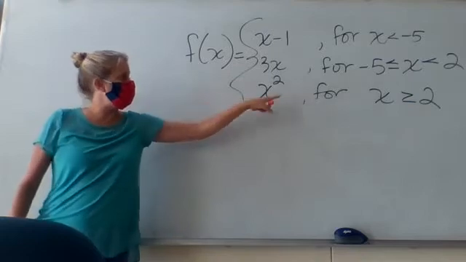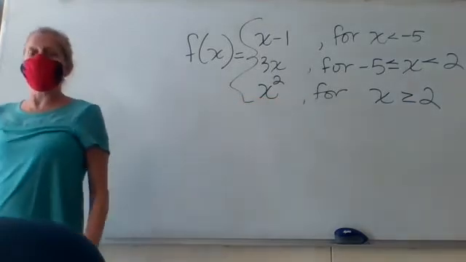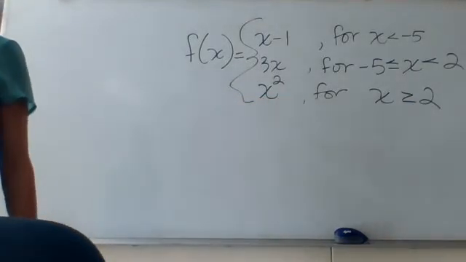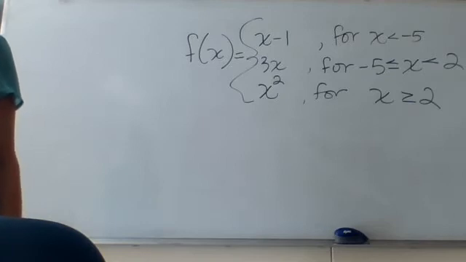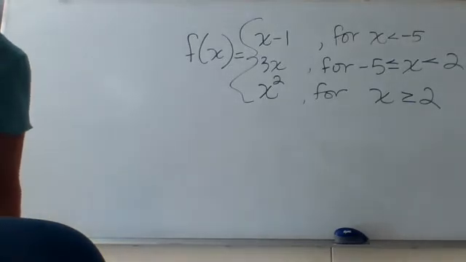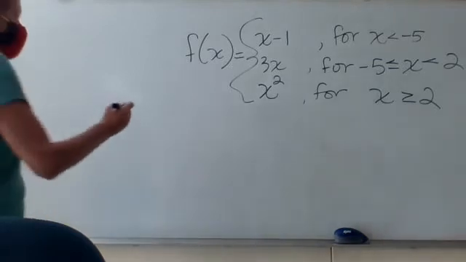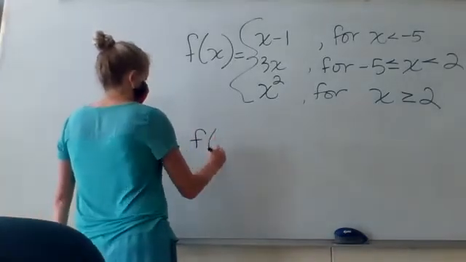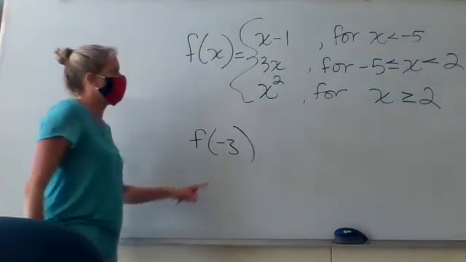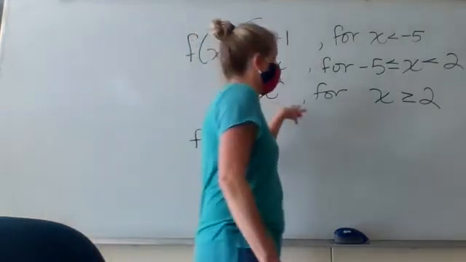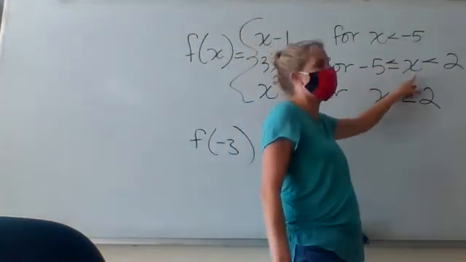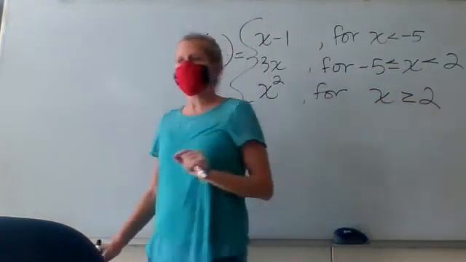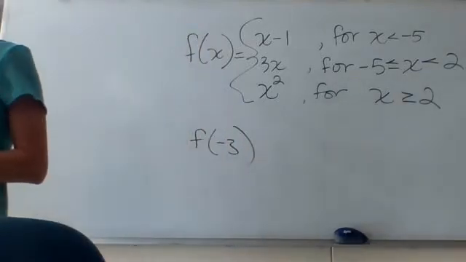If x is greater than or equal to 2, it's going to be a part of the x squared part of the graph. So what number 1 says is identify the expression that should be used to find f of negative 3. So what I do is ignore this part right here and find the piece where x is negative 3 fits into.